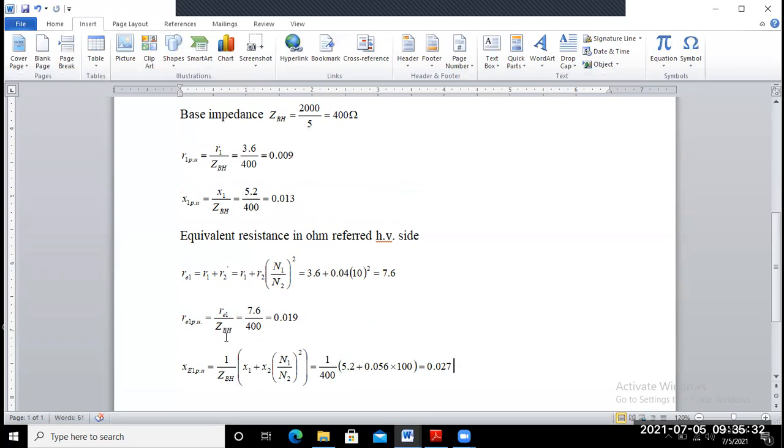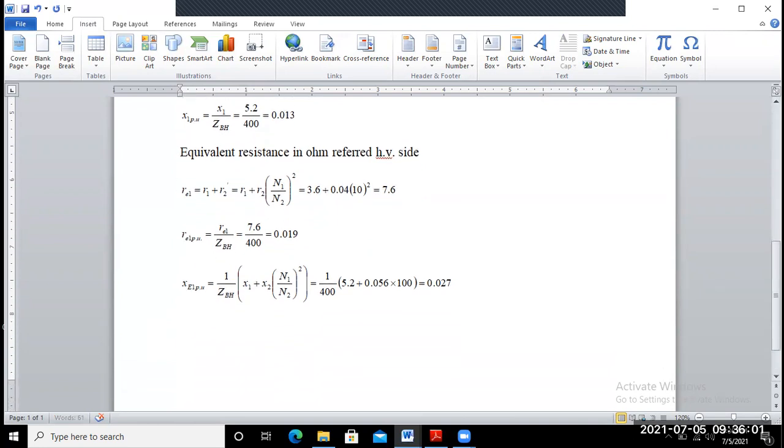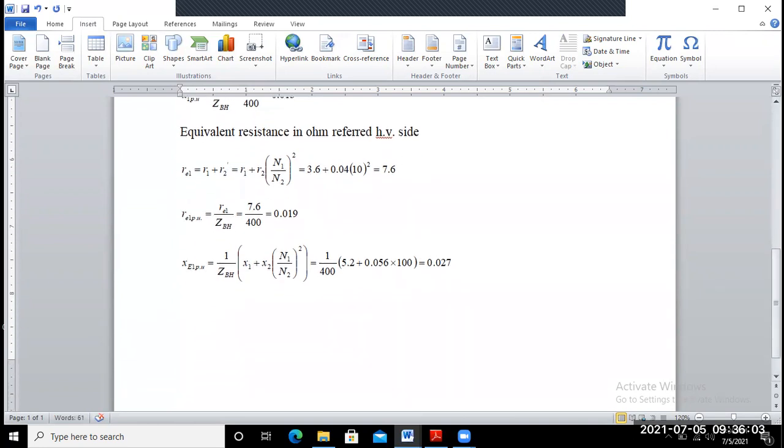So we already found the equivalent resistance referred to the HV side in per unit. Similarly, we can find the equivalent resistance and equivalent reactance referred to the low voltage side. You can solve these values similarly for the low voltage side. Just try to simplify.